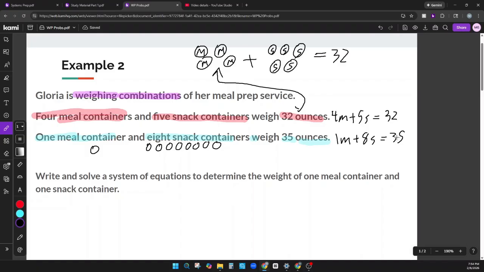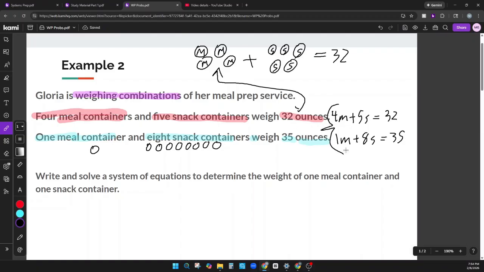Okay. So we're just taking what's going on, taking the information, and making equations out of those. And now we have a system of equations. We have 2 equations that we're going to combine and use to solve so that we could figure out what our variables are actually equal to.